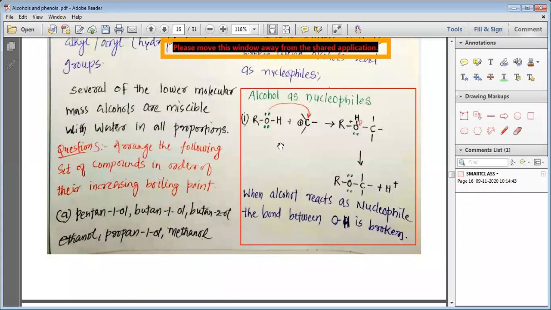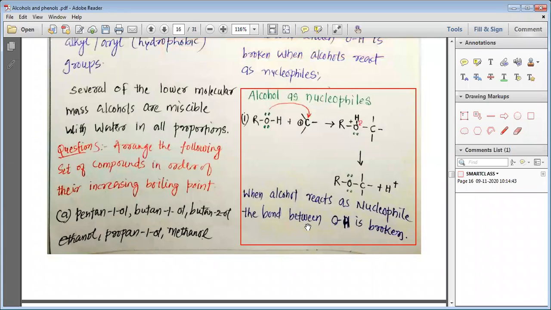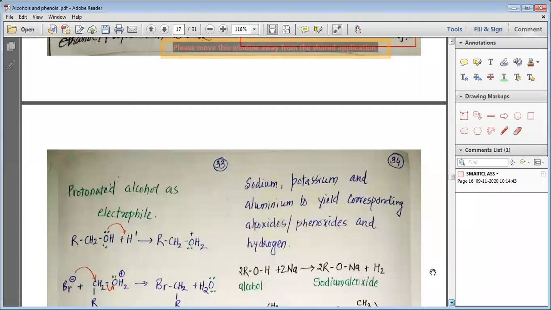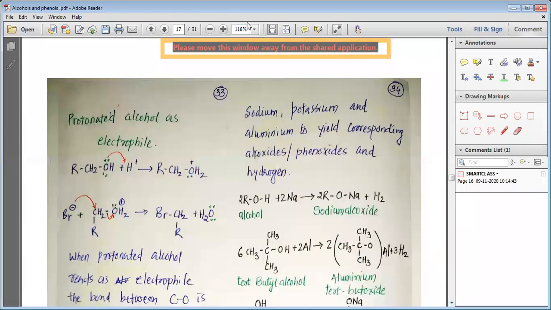This is how alcohol behaves as a nucleophile and the nucleophilic reaction takes place. When alcohol reacts as a nucleophile, the bond between oxygen and hydrogen in the hydroxyl group of alcohol is broken.